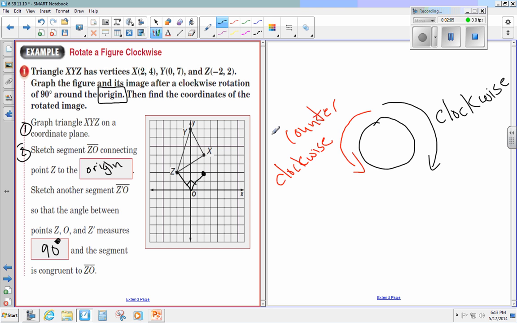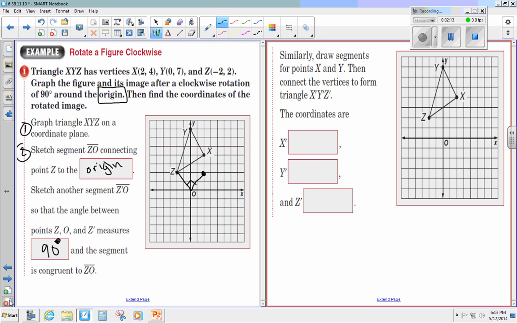Okay? Now, once you have all that, you do similar draw. So now we have a point right here. Pretty close right there. Then we're going to do the same thing with this. Draw a line segment, and then the identical line segment.